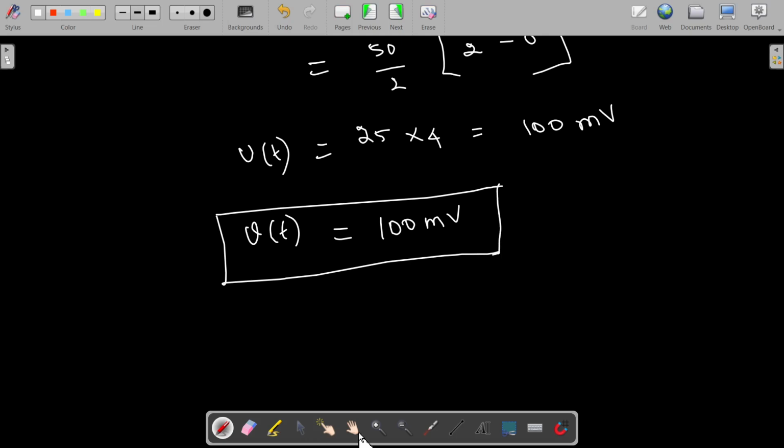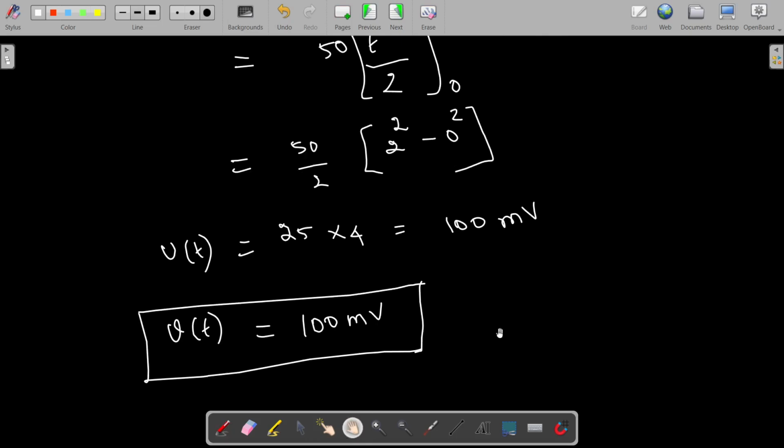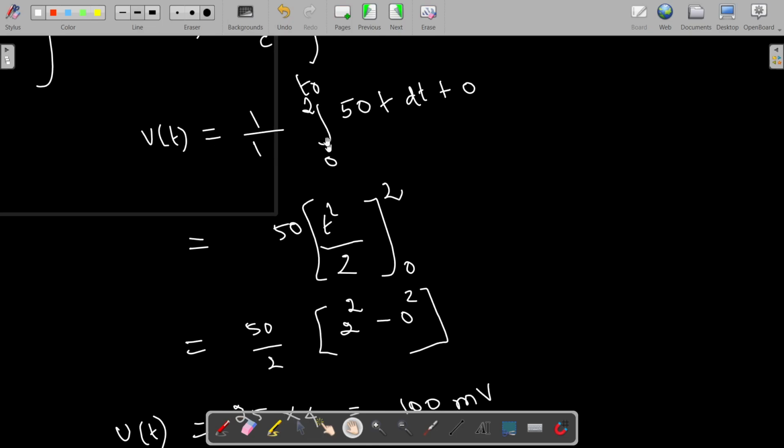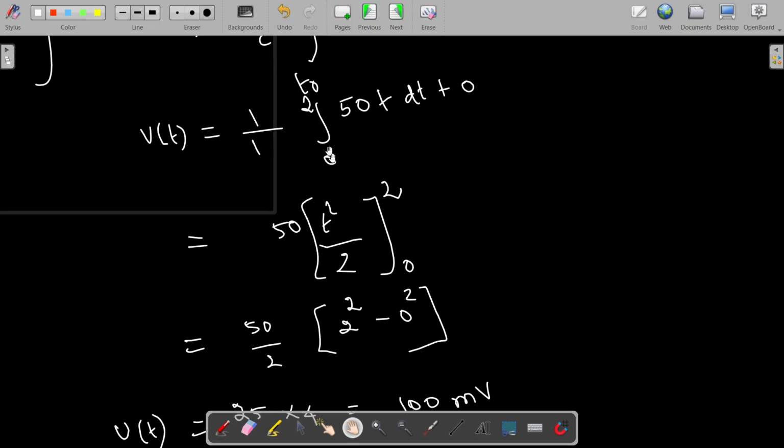Another thing is, you should not get confused with this t square by applying the unit and all. When you take the limits here for the definite integrals, this should not be mentioned with the units, like 0 milliseconds. The limit is just a constant.